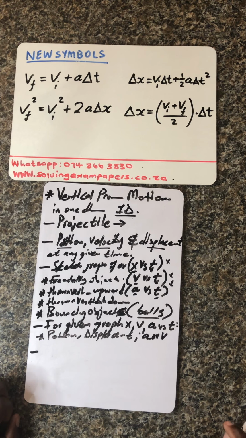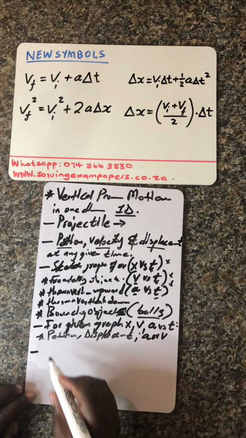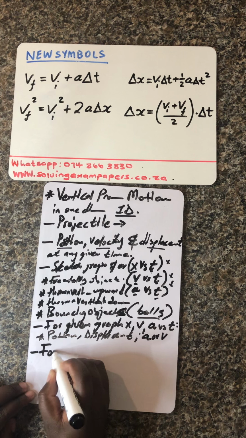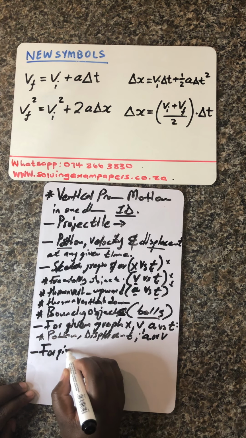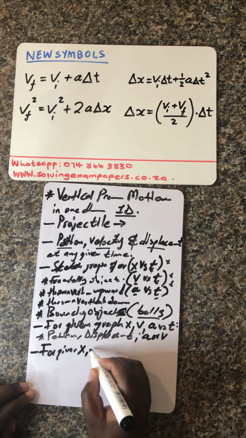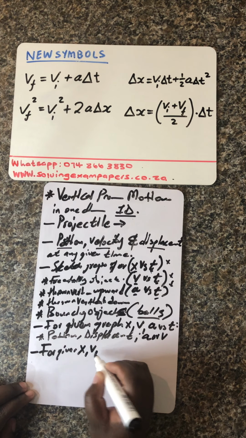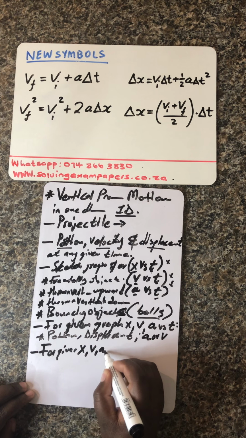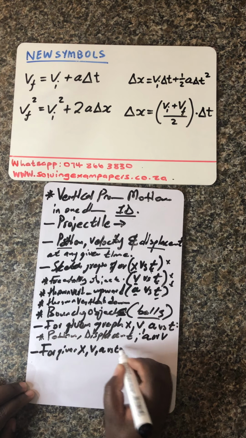Okay, I hope you understood. Let me just write it down. So I'm saying, for a given position versus time, velocity versus time, acceleration versus time graph.